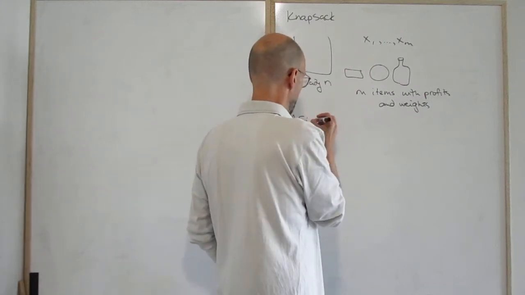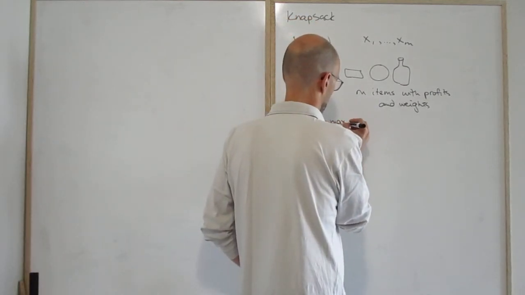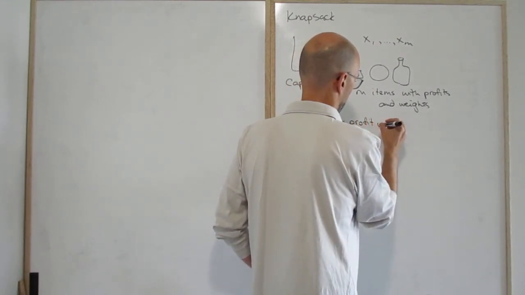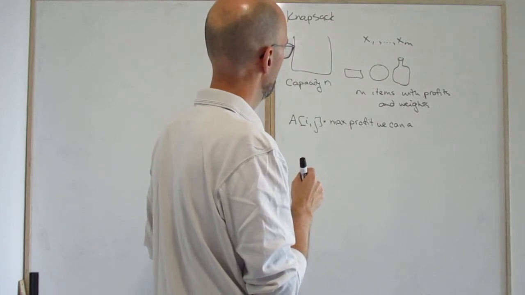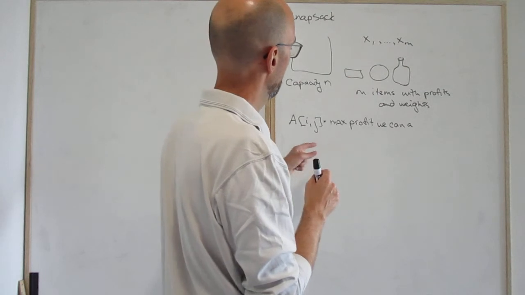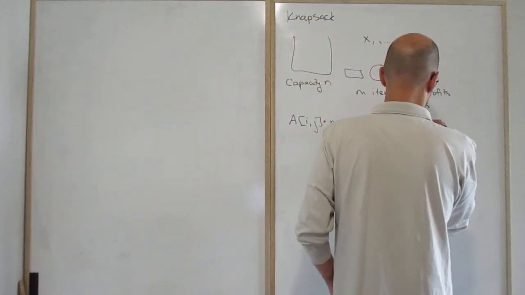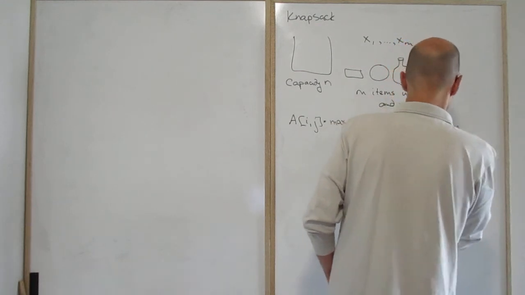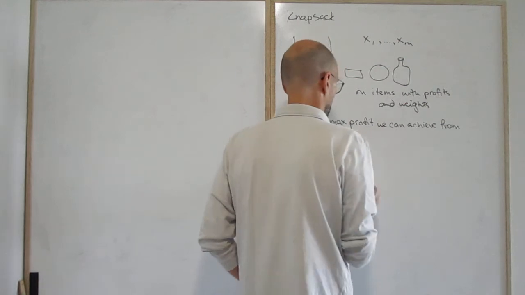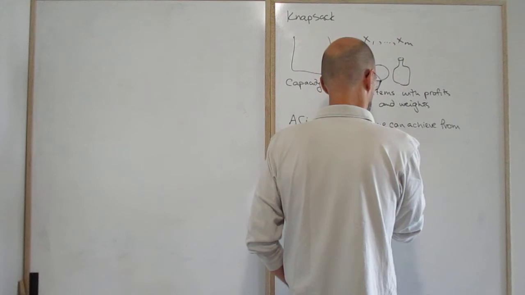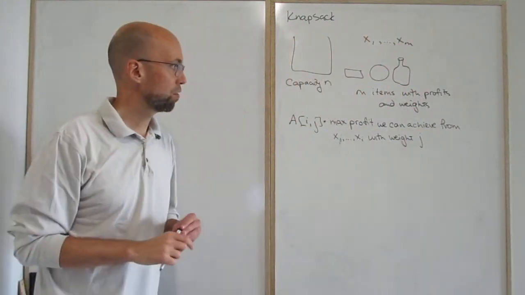So we want A_ij to be the max profit we can achieve from x1 with weight j.